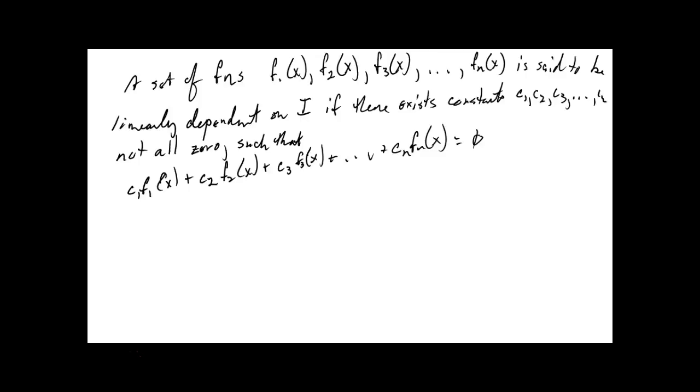Okay? This linear dependent set of functions. Okay? Now, that being said, and this is for every x in the interval. Okay. It has to be true for every x. No matter what x you put in there, that linear combination is going to make that equal to 0. If that's the case, this is a linearly dependent set.